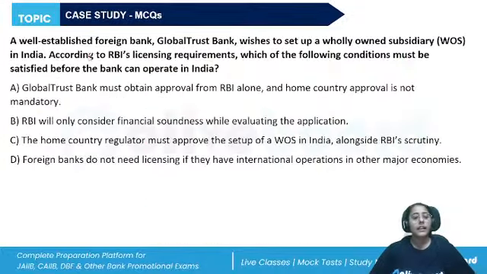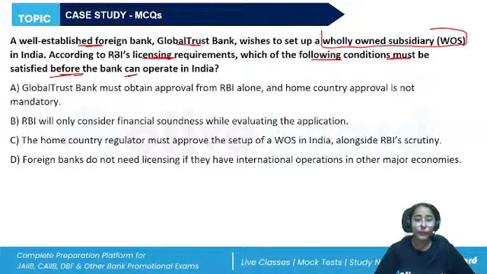Okay. So, a well established foreign bank, Global Trust Bank, wishes to open a wholly owned subsidiary in India. According to RBI's licensing requirement, which of the following conditions must be satisfied before it can operate in India? The Global Trust Bank must obtain approval from RBI alone, and home country approval is not mandatory.